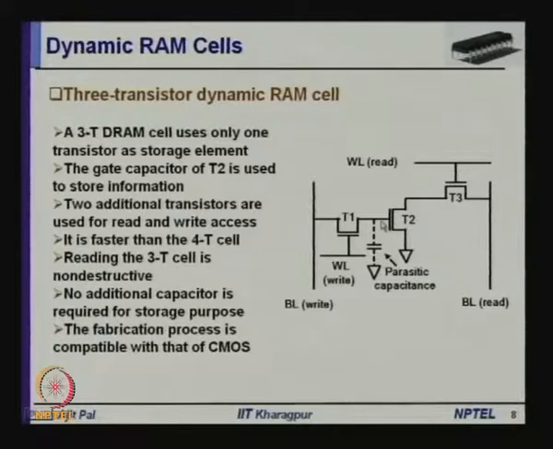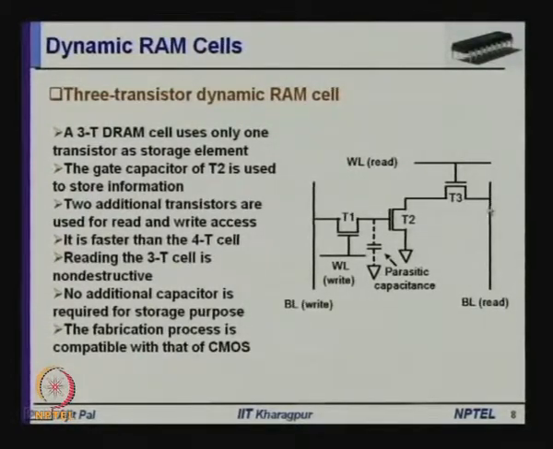That means, whenever it is 1, then 0 will be read here, because this transistor is on and it will be discharged. So, on the bit line you will read 0 whenever 1 is written here. So, it has to be inverted to get the actual data. On the other hand, if it is 0, then this transistor is off, and this bit line will retain the value. As I mentioned earlier, the bit line is initially pre-charged.